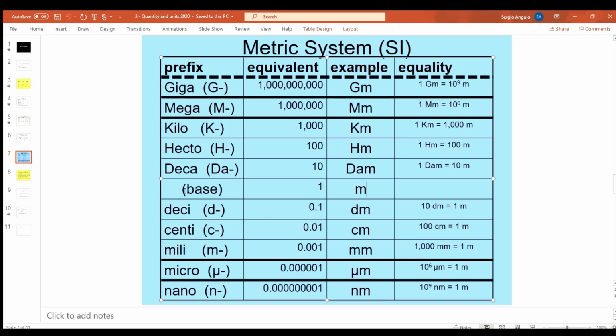So there is a prefix above this. The prefix above it is deca, and deca means 10. Here's the prefix, here's what it means, and here is the shortening of it, so that when we use it in the unit, we use these symbols here, capital D, lowercase a, and we put it in front of the symbol for the base unit. Meter, we use the letter M for that.